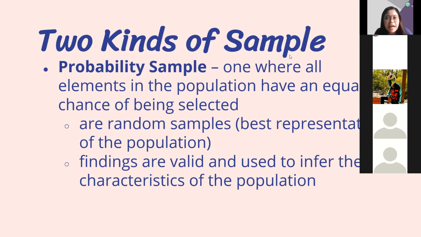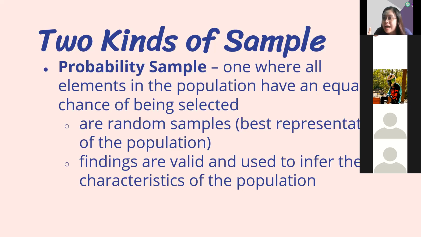So we have 2 kinds of sample class. In sampling technique, we have the so-called probability sample wherein you will give an equal chance to all members of the population to be selected in your study.